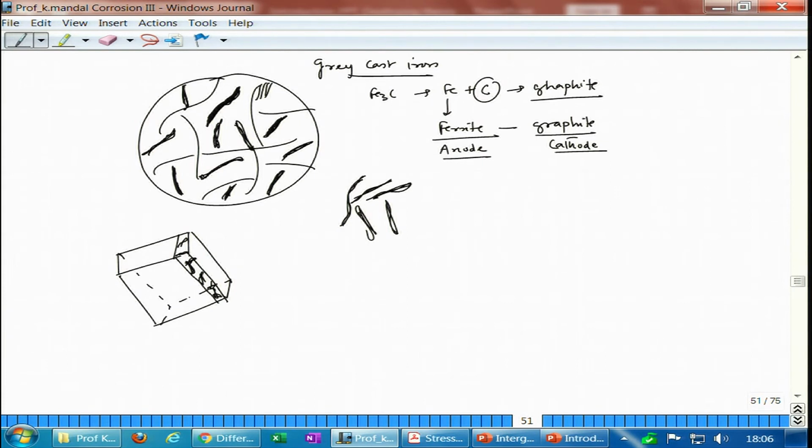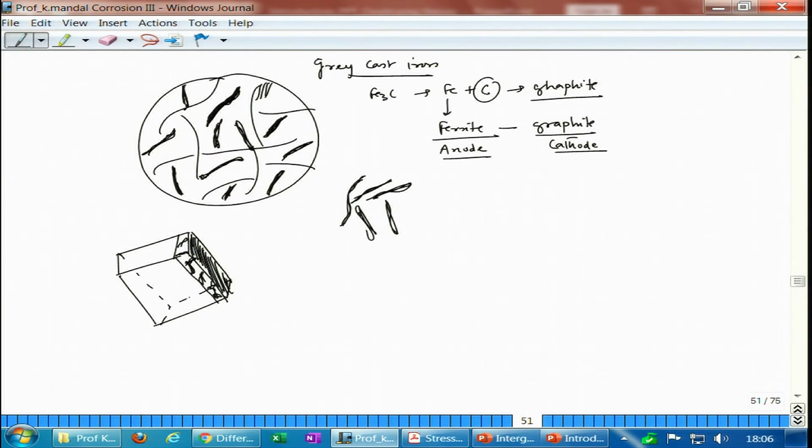Now, if you start with that polished surface, the shiny nature is almost lost and the surface becomes very much grey. If you rub that surface on a white paper, it gives the kind of mark you would get by rubbing a pencil against white paper. So, this is nothing but the graphite.